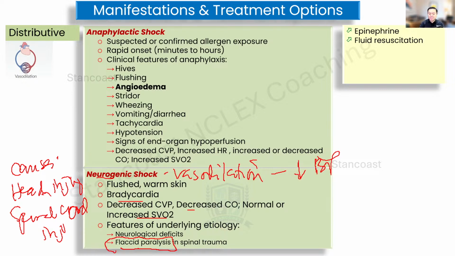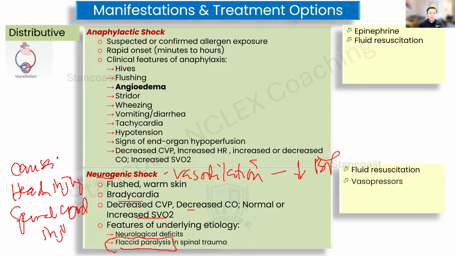Now let's treat this patient. What do we need to do for this patient with the neurogenic shock? Well, one of the treatments here is to stabilize the function. And we're going to have to administer IV fluids as well to restore the circulating fluid. We're going to have to give them the isotonic crystalloids as well.